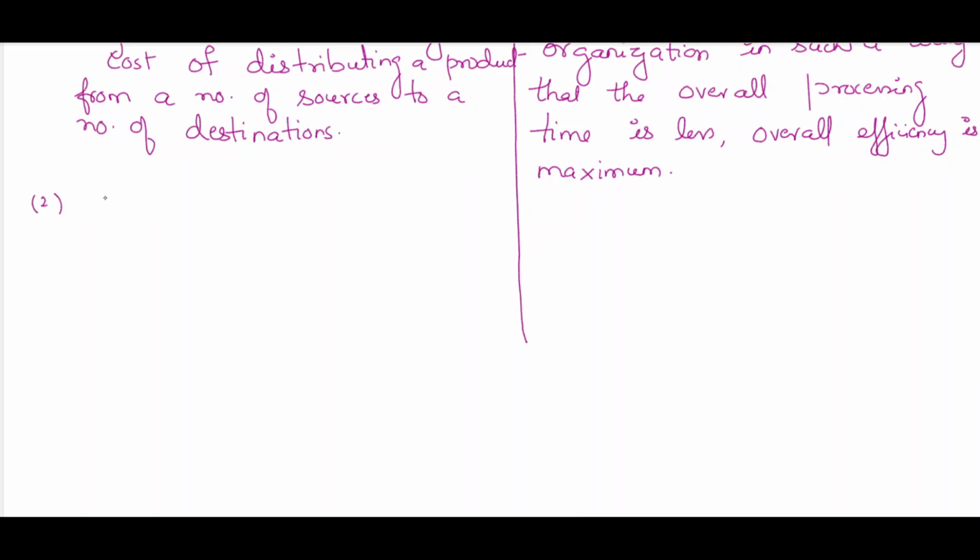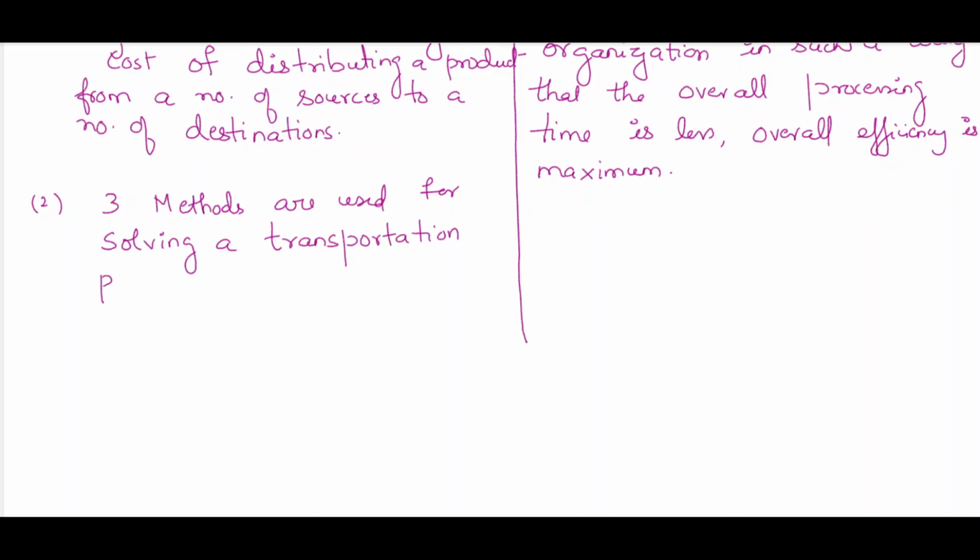Now regarding the methods. Three methods are used for solving a transportation problem. First one is VAM, Vogel's approximation method.